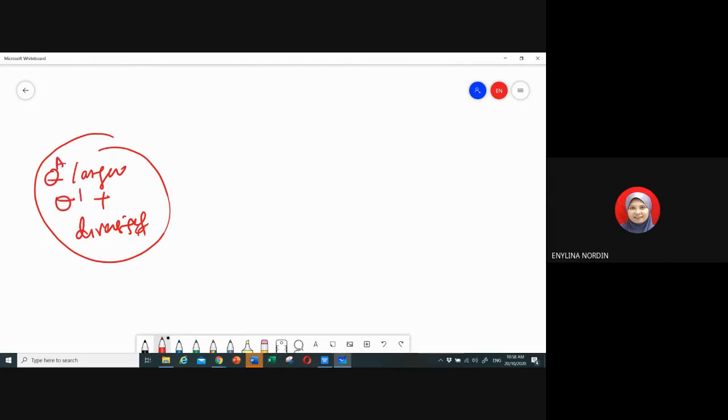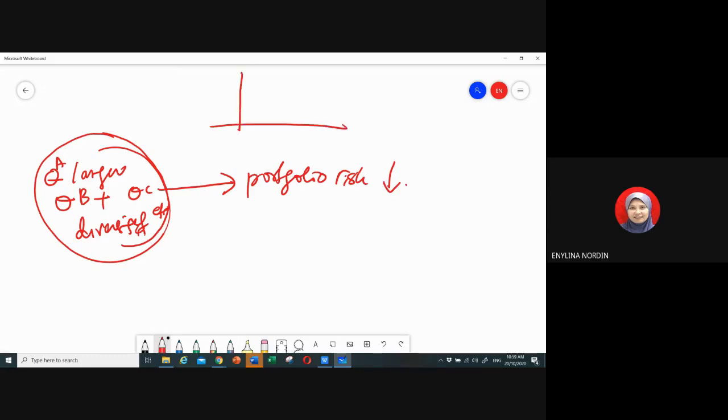Stok A, stok B, stok C, and etc. Bila portfolio become diversified, bermakna portfolio risk tadi has reduced.